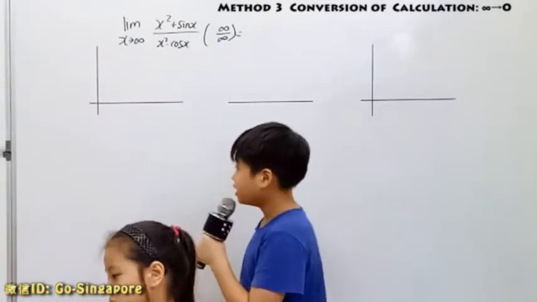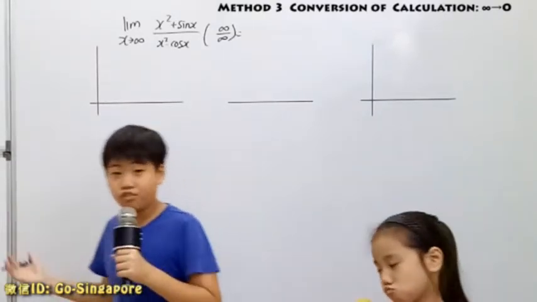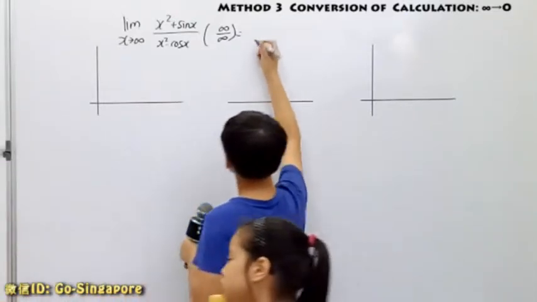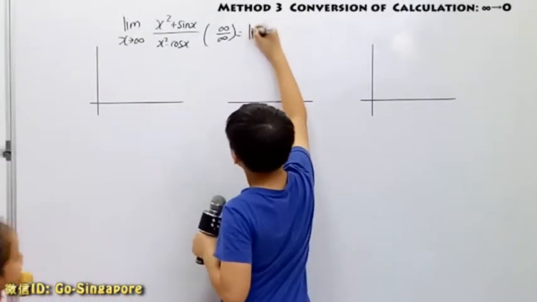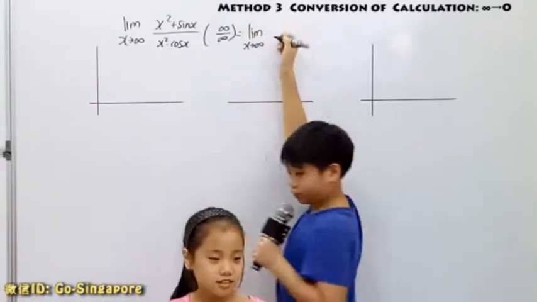So no matter how big or small these are, they don't affect the infinity, because infinity plus 1 is infinity, and infinity minus 1 is infinity.